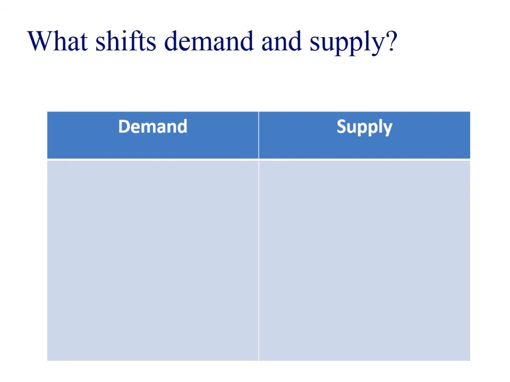Supply, though, has different factors. It's the costs of production, it's the industry, so is it a monopoly with just one producer, or is there a lot of competition in the market, like monopolistic competition? Monopoly and monopolistic competition are not terms that you need to know the definition of for the AS course, they're A2 terms. Then government policy, so indirect taxes or subsidies, those would affect the supply because they affect the cost of production.